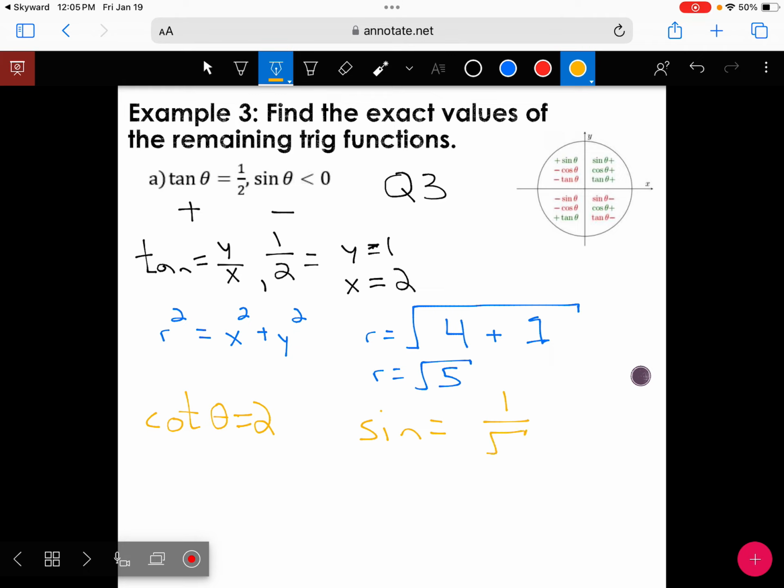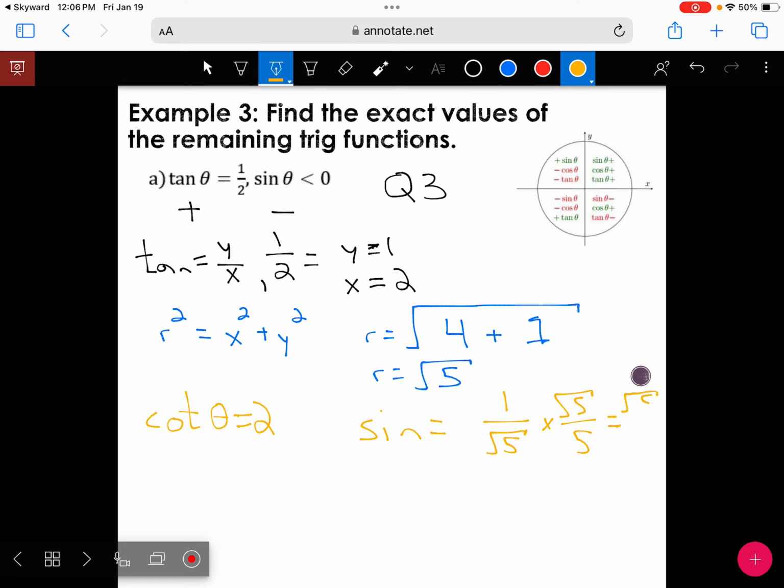Root 5. So 1 over root 5. But there's one thing we're still missing here. Well, 2 things, really. Who can think of one of the 2 things that's not quite right about our answer? Yep, can't have a radical in our denominator. So we have to rationalize. And we rationalize by multiplying the top and the bottom by root 5. So that's going to give us our sine value as root 5 over 5.